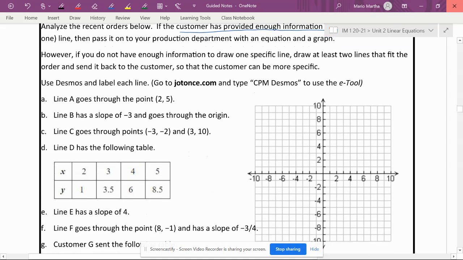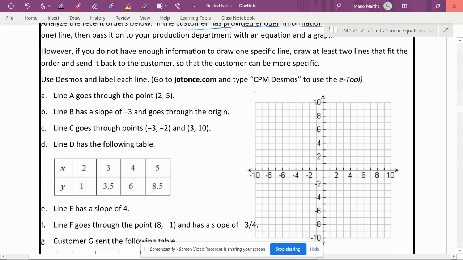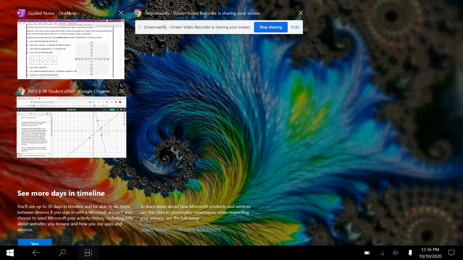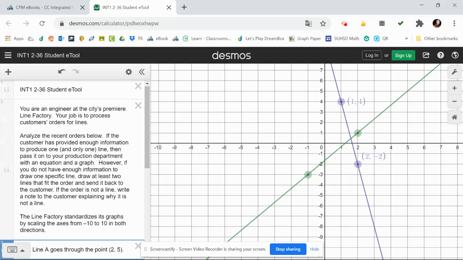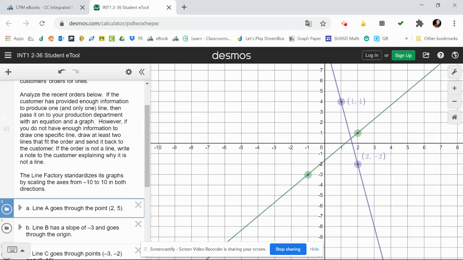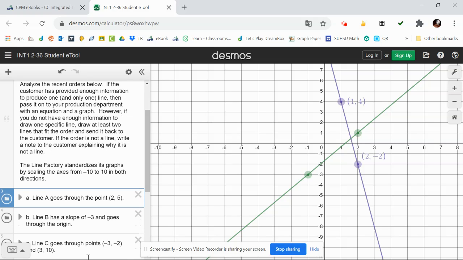So here, if you guys click on the link, that's going to be available right there for you. We look at our first question right here. So it says, again, we're going to analyze the orders. If the order is not aligned, write a note to the customer explaining why it's not aligned. And the Line Factory standardizes its graphs by scaling the axis from -10 to +10 in both directions.